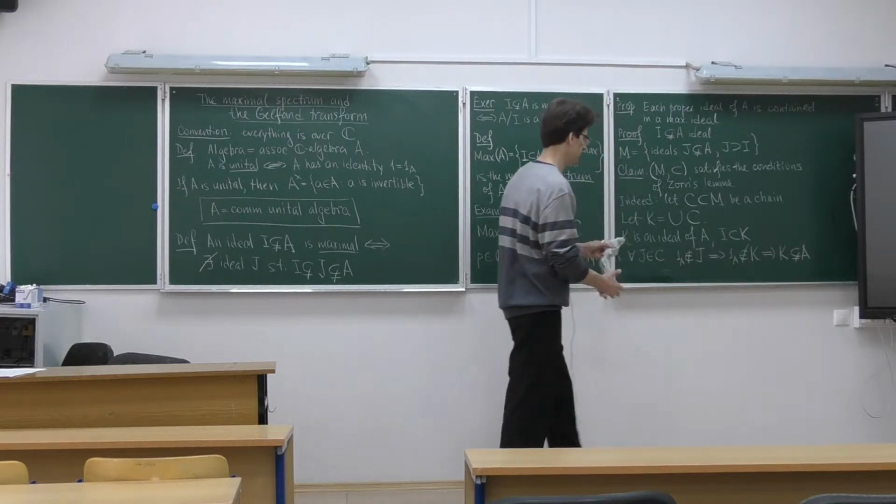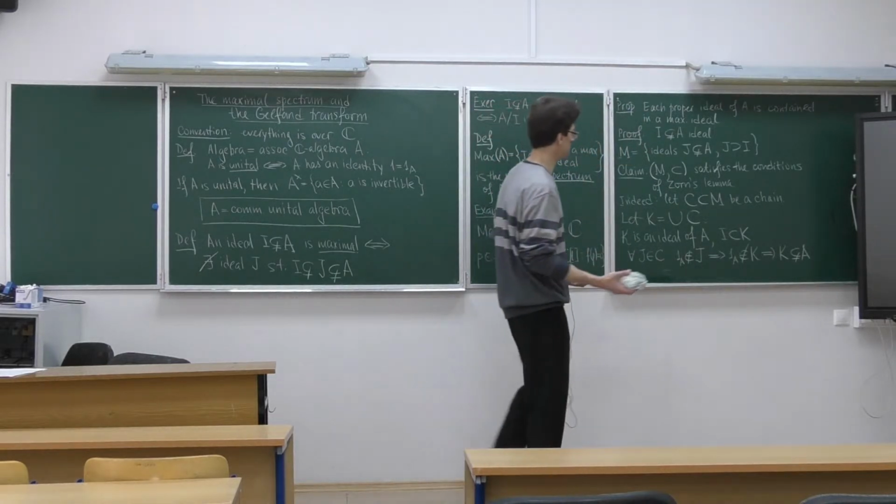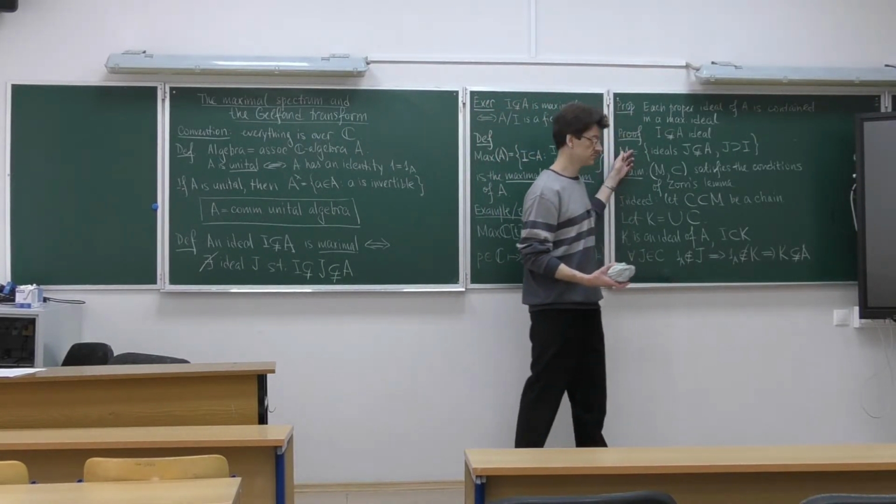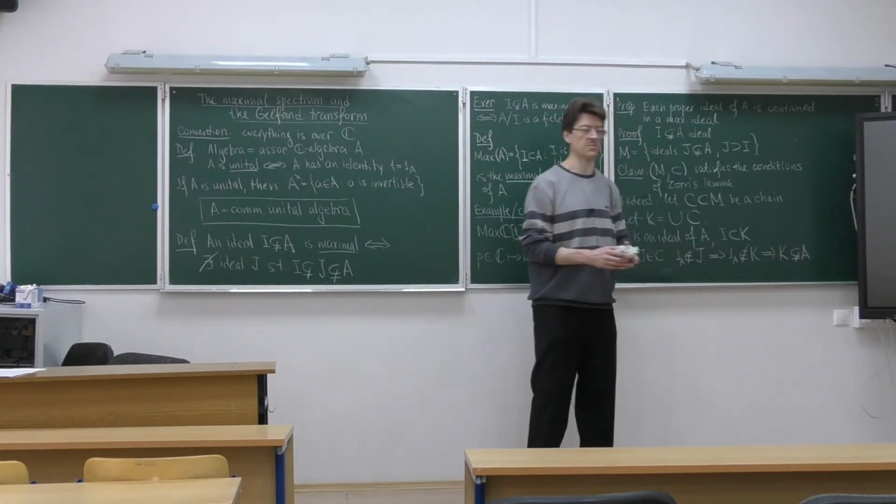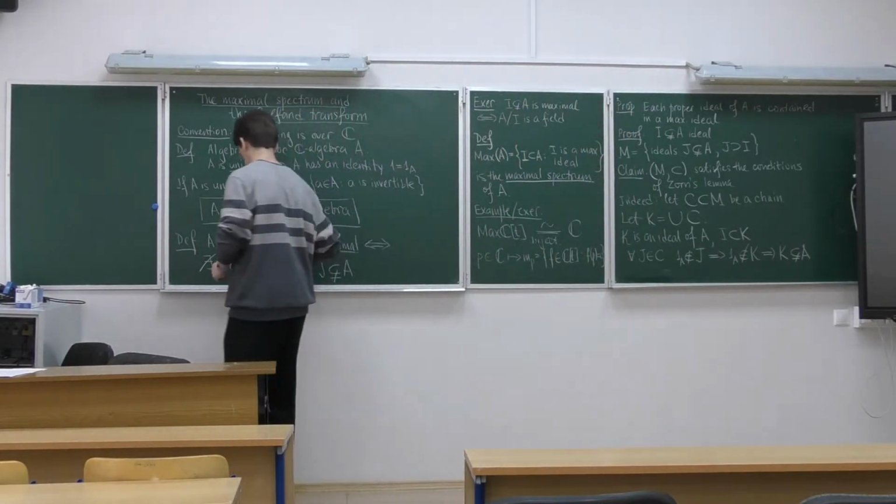K is a proper ideal. It contains I, so it's an element of M. And clearly, by construction, K is an upper bound for C.